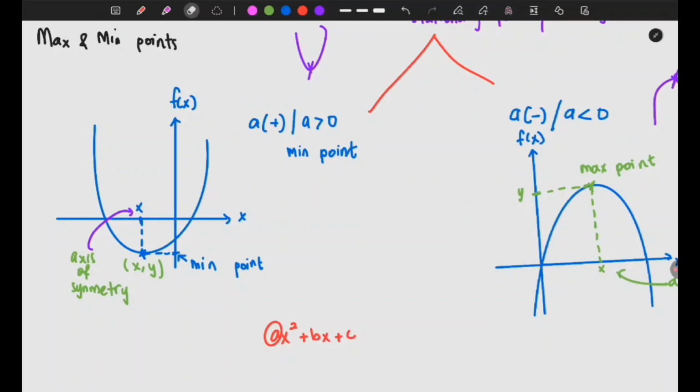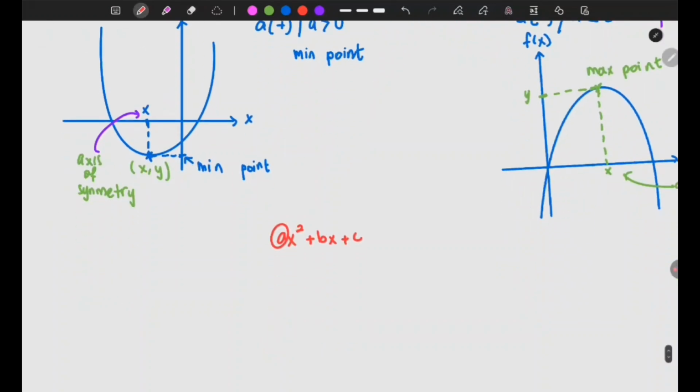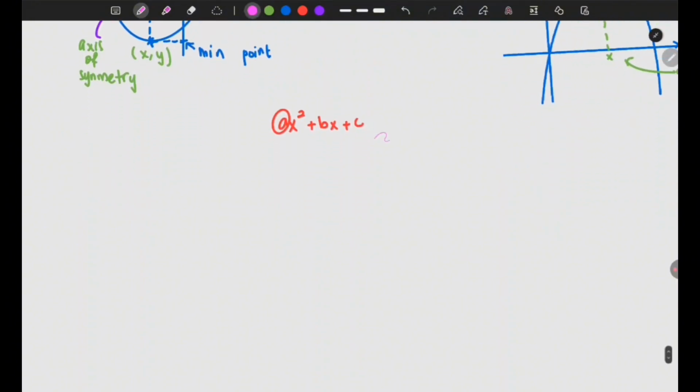We can get it through a method that we have already learned, which is called completing the square. If you do completing the square, the short form of which is CTS, you will be able to find the minimum and the maximum point.